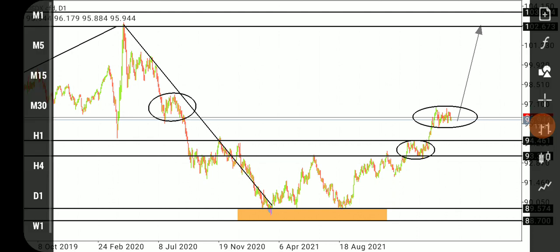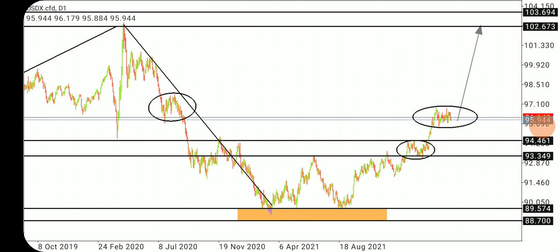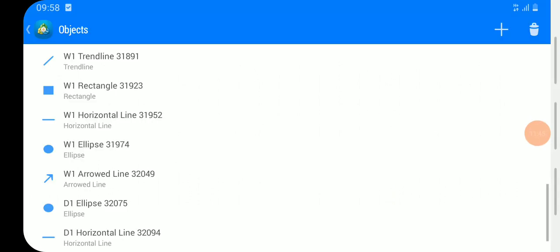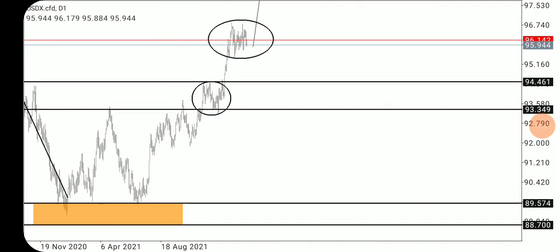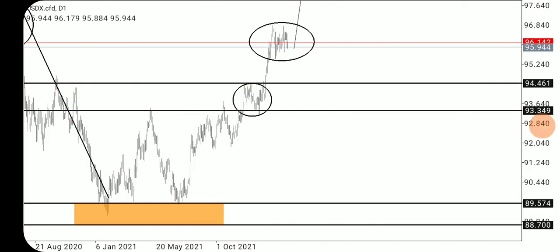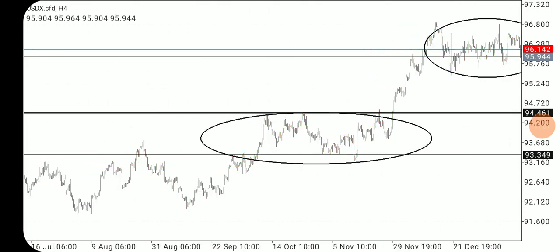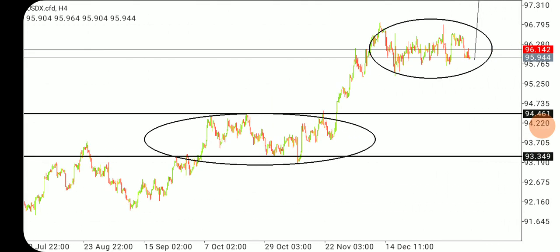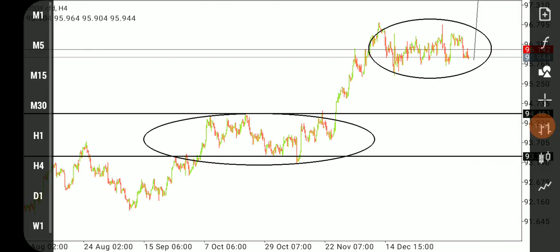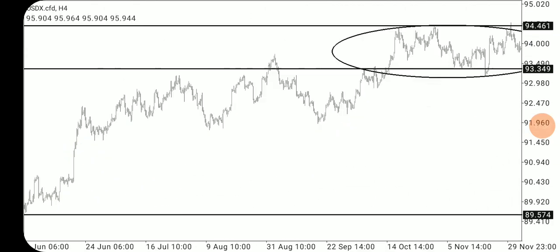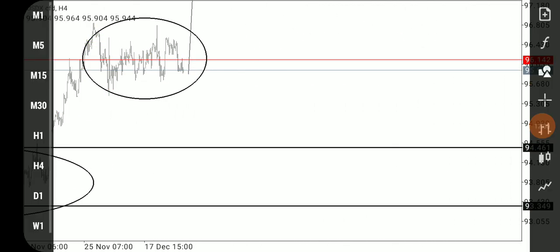So now, if we can go to a smaller time frame, you will see that it is actually moving in some sort of a trend, an uptrend. It's an uptrend movement that it created right here.